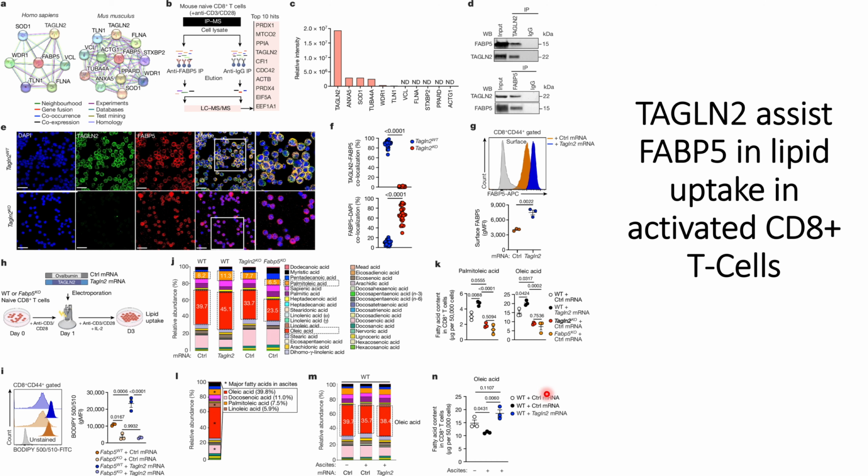And these things are quantified in panel N also, where we can see that in the conditions where wild type CD8+ T cells and TAGLN2 mRNA are used, there is an increase in the fatty acid contents in the CD8+ T cells. So this indicates that TAGLN2 assists FABP5 in lipid uptake in activated T cells in normal conditions, and also in cancerous conditions, or in the ascites conditions in ovarian cancer.